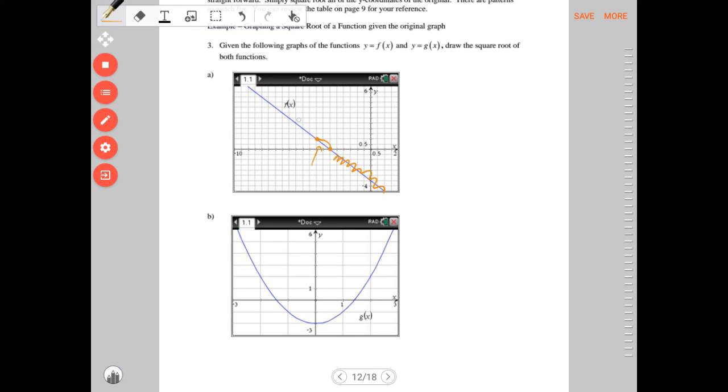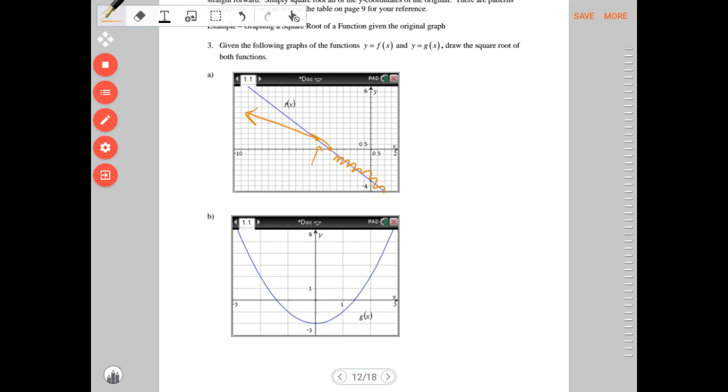And then for over here, the square root is smaller, so it's a little bit too much of a bubble, but that's okay. So it kind of goes like that. And that is a reasonable sketch of this graph.